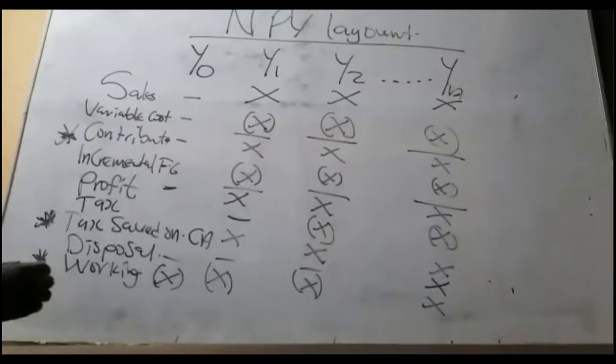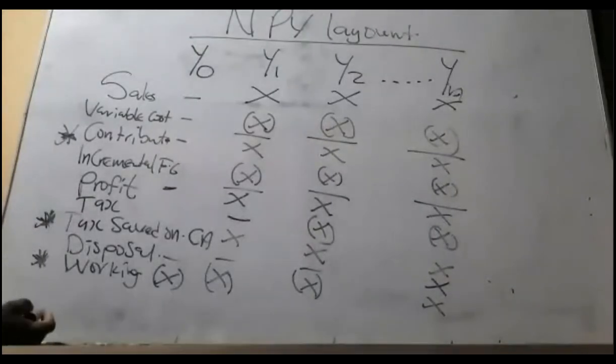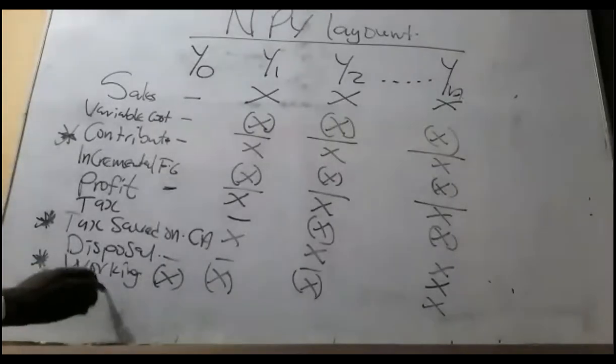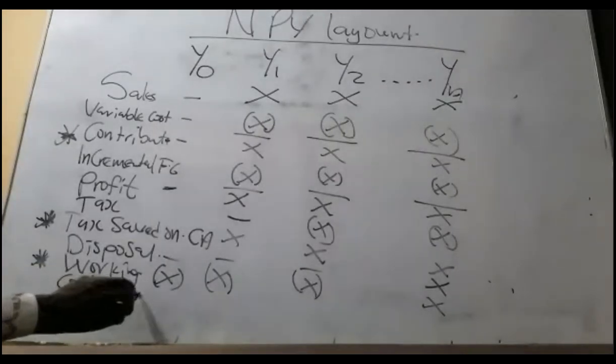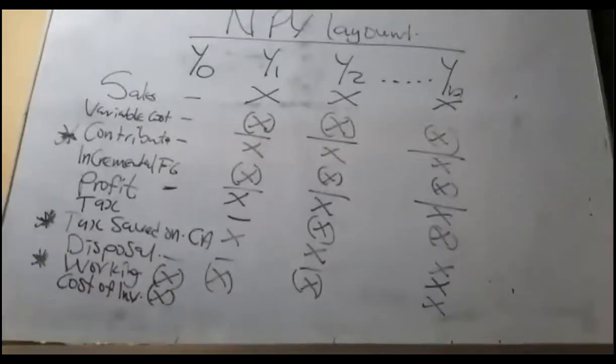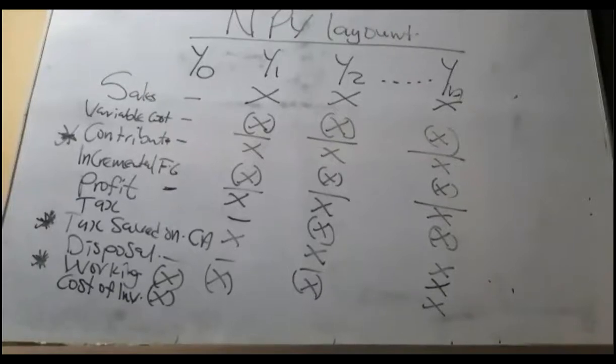Now let's see. Then you go to cost of investment or capital outlay. That one will also be in year 0. It is what you are investing, the capital sum, the initial capital. If they don't tell us anything, we have to assume that it will be invested in year 0. That's now.